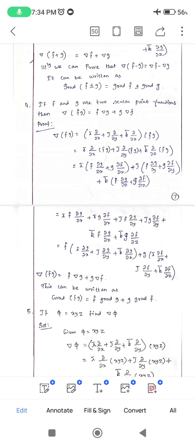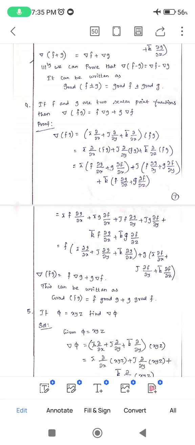Next one is, if f and g are two scalar point functions, then del of fg is equal to f into del g plus g into del f. So del of fg is equal to i vector into dou by dou x plus j into dou by dou y plus k into dou by dou z, into fg.